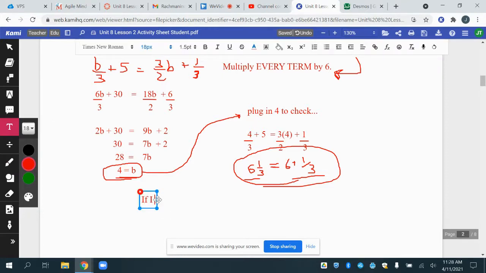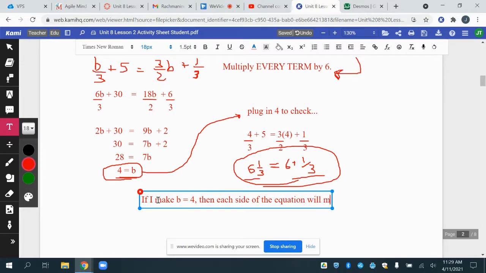If I make B equal 4, then each side of the equation will make 6 1/3.